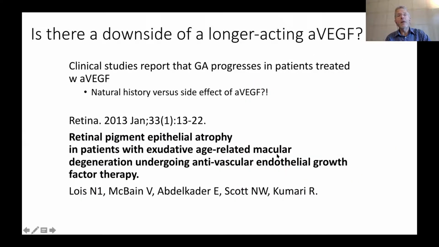In fact, there are clinical studies that report that geographic atrophy progresses in patients treated with anti-VEGF, although it's difficult to know from these studies whether that's the natural history of the disease versus a side effect of anti-VEGF, since a control is not possible in clinical studies of this design.